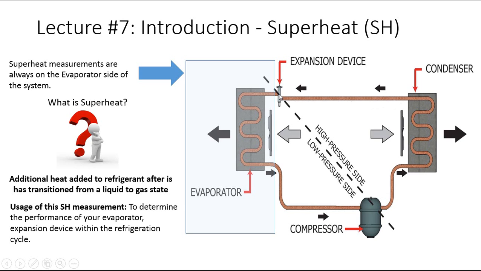If your expansion valve is not putting enough refrigerant in here, you're going to reach your boil-off state way up here, right? So that's going to equate to elevated superheat because you're still continuing to absorb heat. Granted, not as much, but you're going to be able to see what's going on in your evaporator.